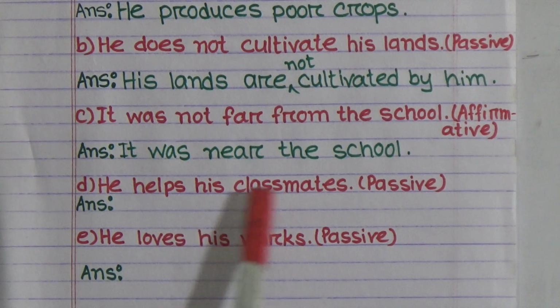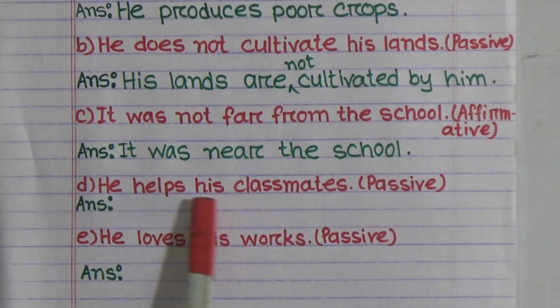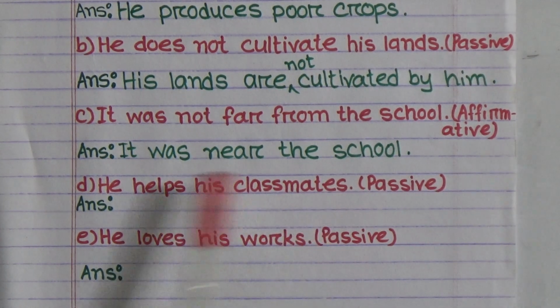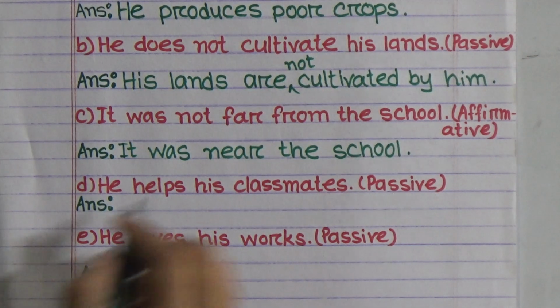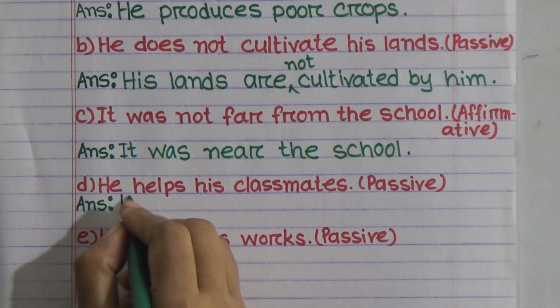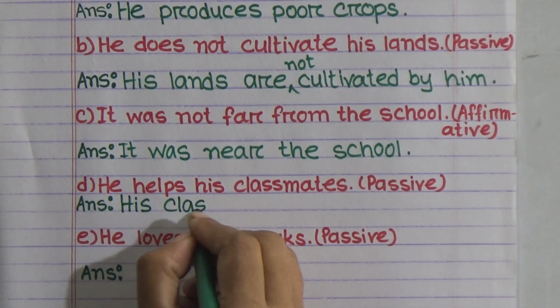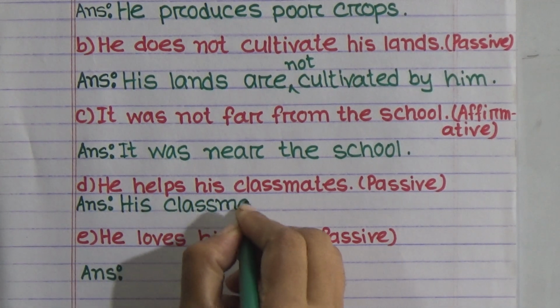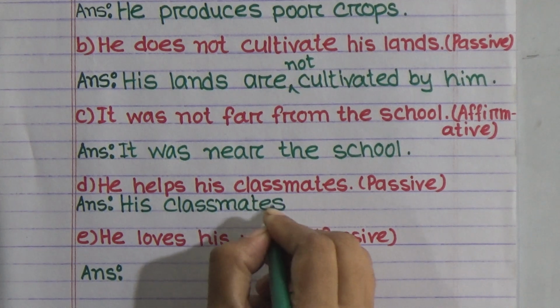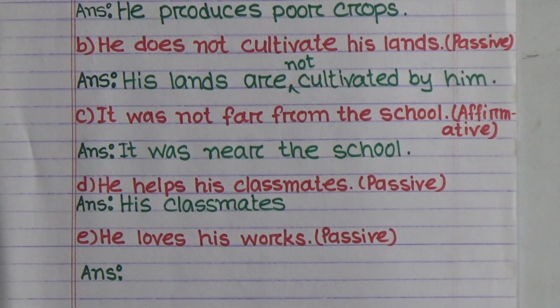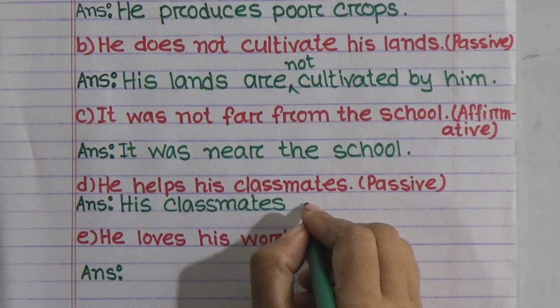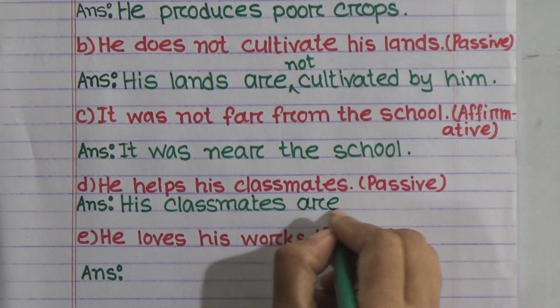So he helps his classmates. We have to take the object of the given sentence and make it the subject in passive form. So here I am writing his classmates. Then we have to choose an auxiliary verb, and it must be are, because the subject indicates plural form.